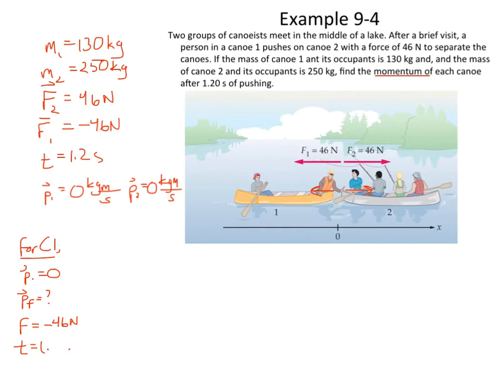There we go. All right. Well, the change in momentum is force times time. Right? Both of those are equal to impulse, and so the change in momentum is equal to impulse, which is force times time, so they're equal to each other. So we can say momentum final minus momentum initial equals force times time.